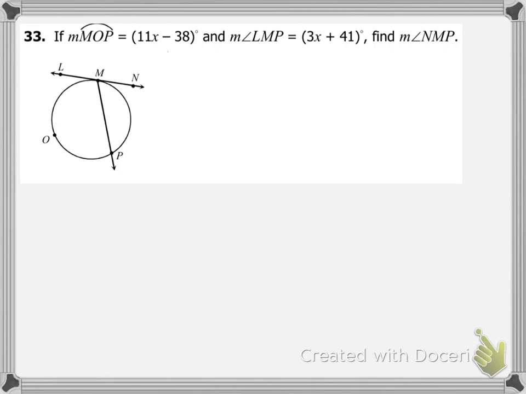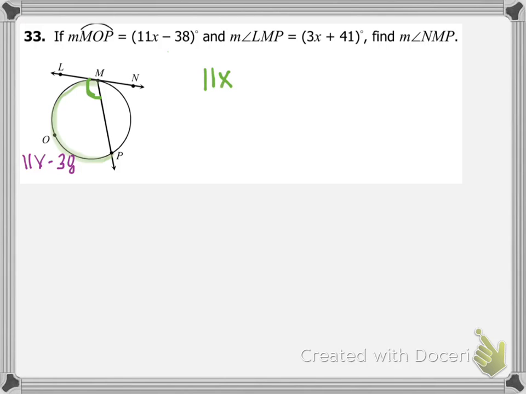Okay, let's look here. If the arc MOP is equal to 11x minus 38, and the measure of angle LMP, so this angle here, is equal to 3x plus 41, that means that arc is going to be equal to 2 times this angle here.